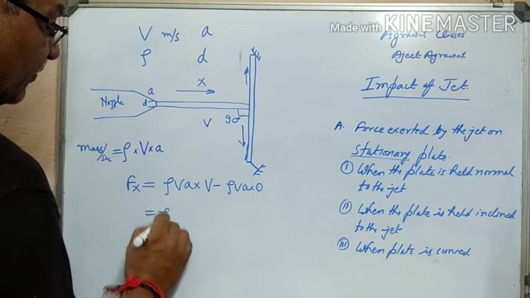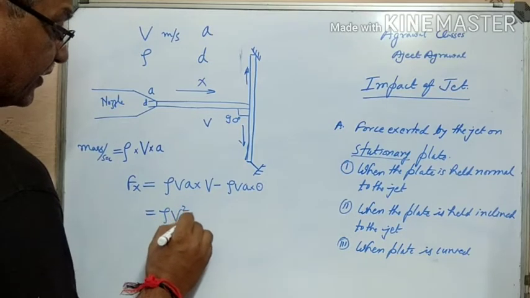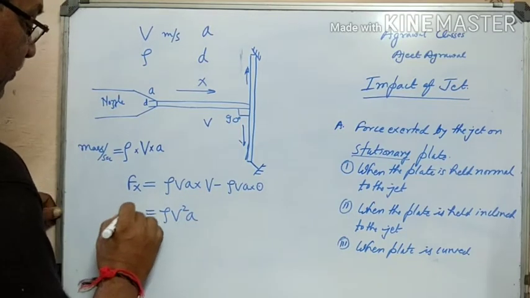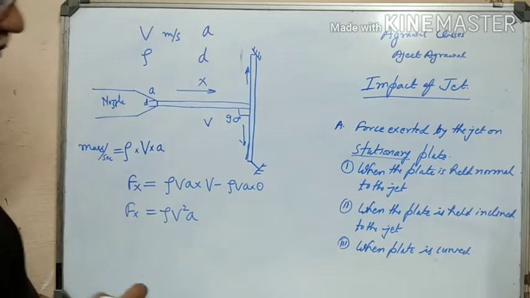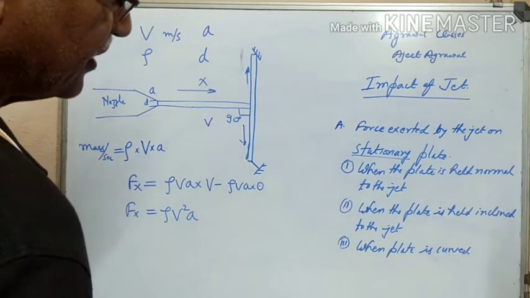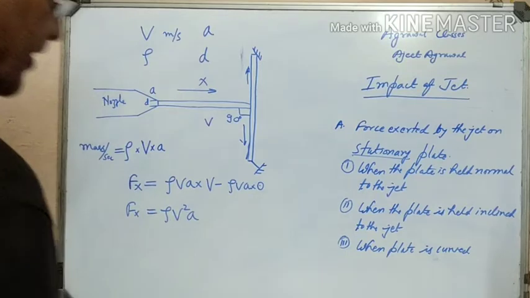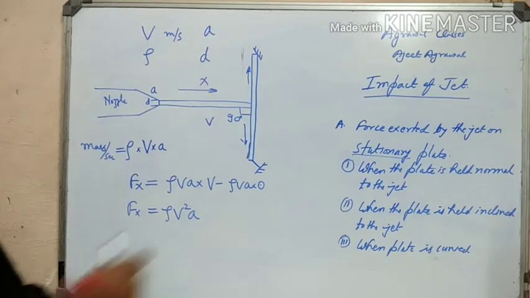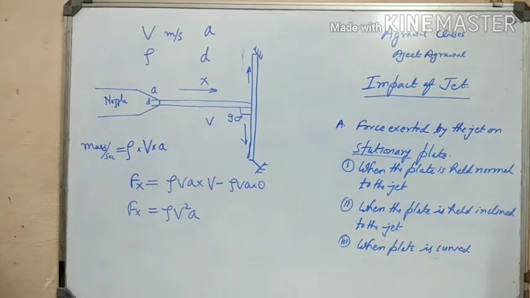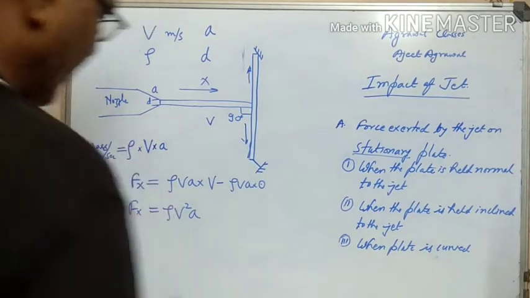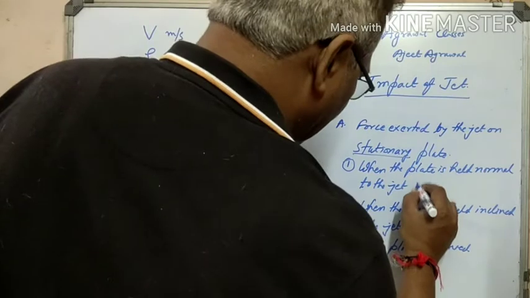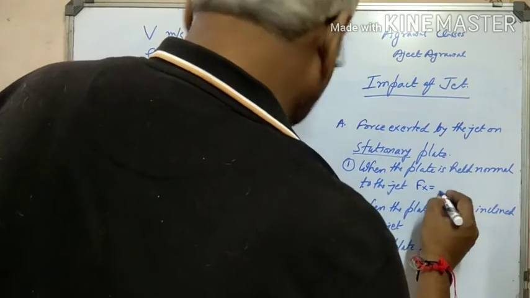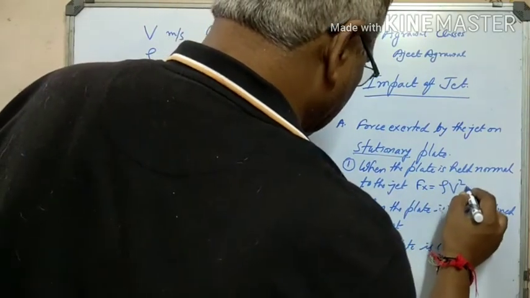So we will have a force of rho V square A. This is the force exerted by the jet on the plate held perpendicular to the fluid. This is the first case, so we have the formula Fx equals rho V square A.